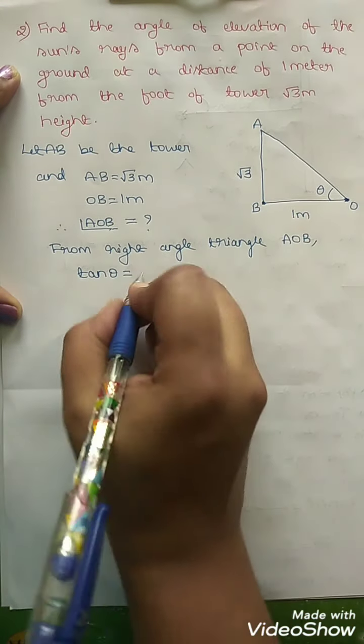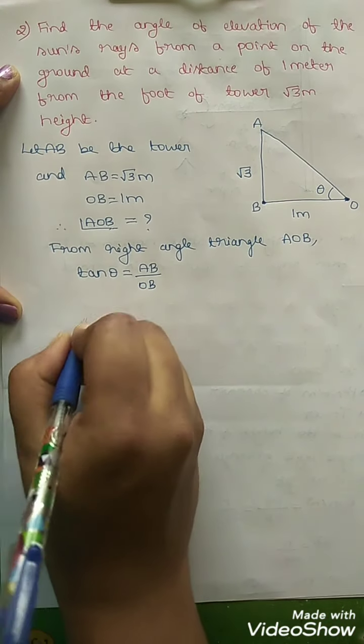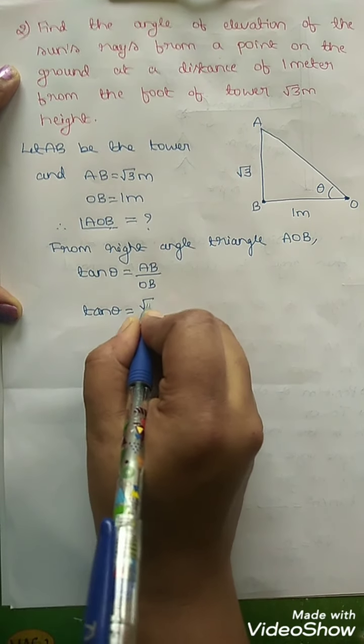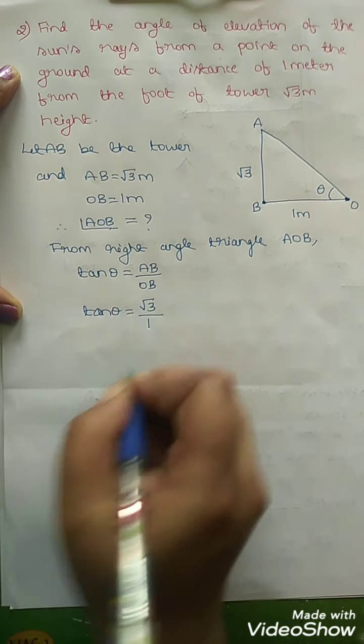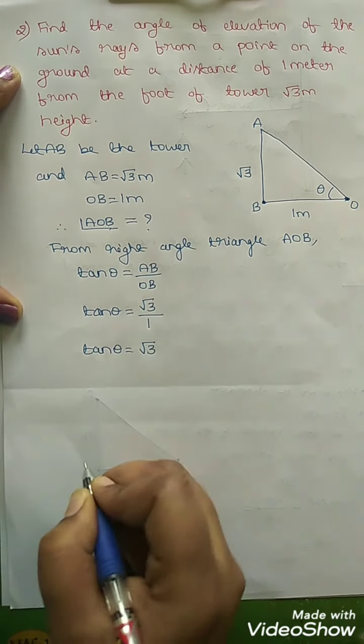Here AB is the opposite side, adjacent side is OB. Tan theta equal to AB is root 3, OB is 1. Tan theta equal to root 3 by 1, which is root 3.